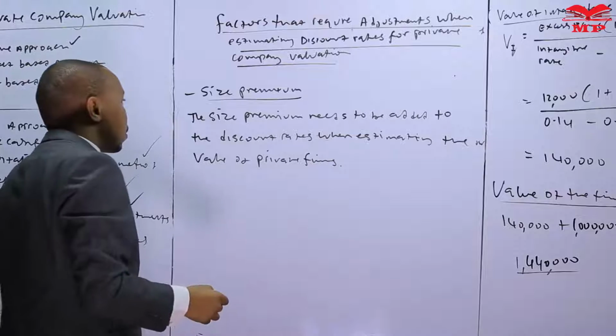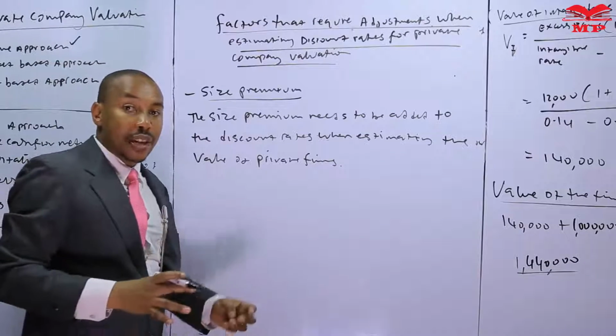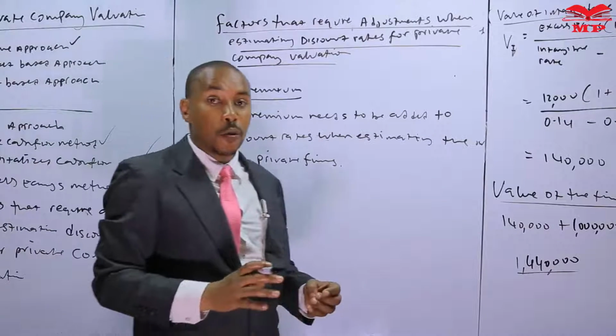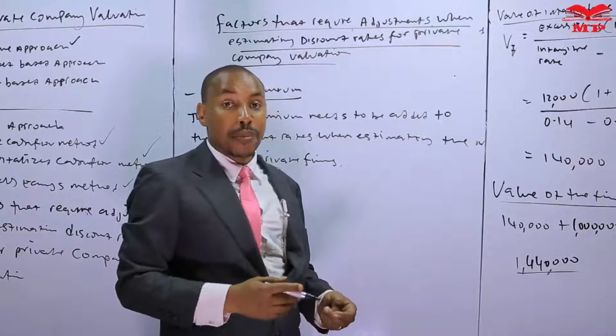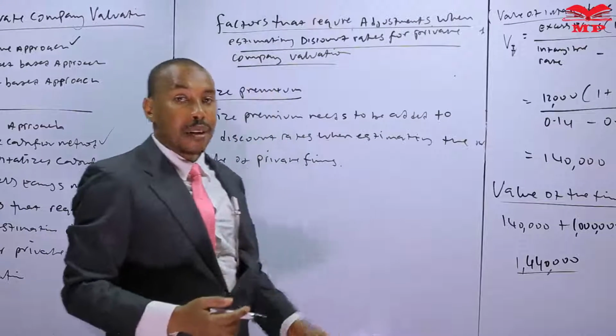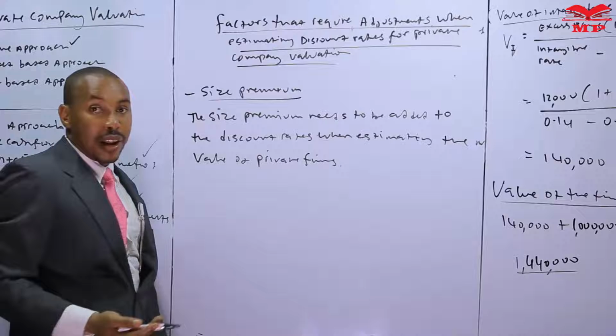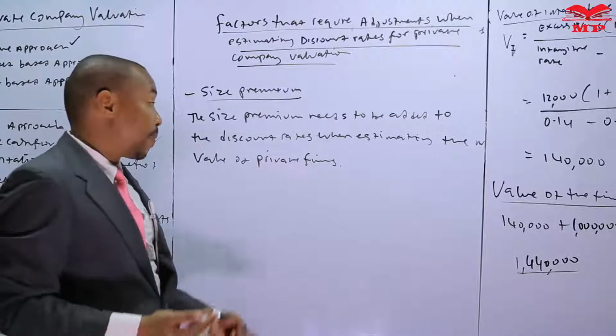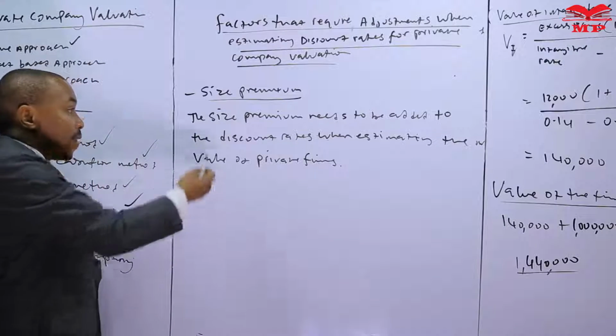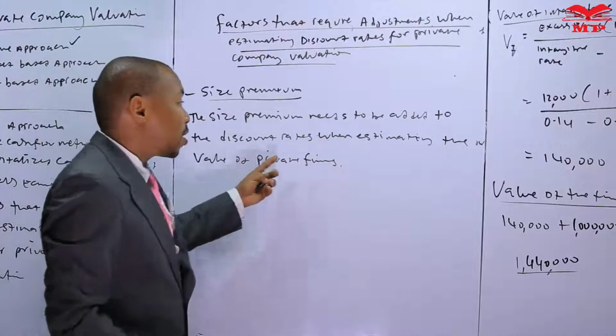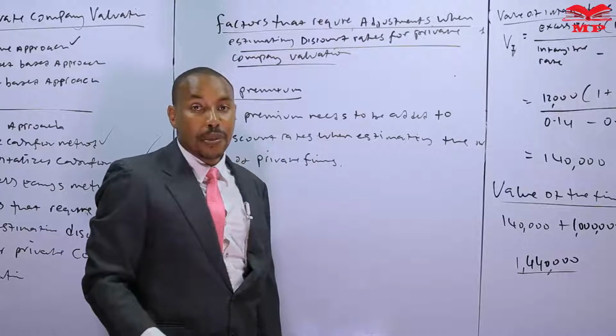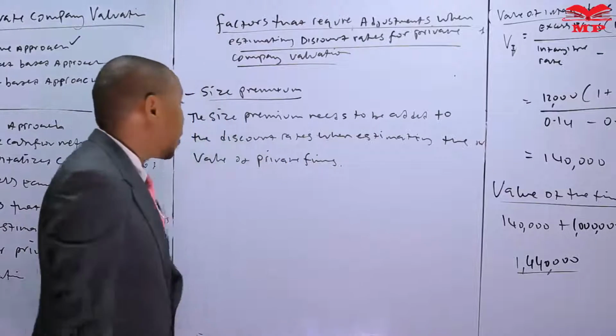We're saying that private firms tend to be much smaller compared to public firms. Public firms are considered to be larger in terms of the assets, the liabilities, the company structure, the employees, and everything. So size premiums need to be added to discount rates when estimating the value of private firms, because private firms are considered to be much smaller.